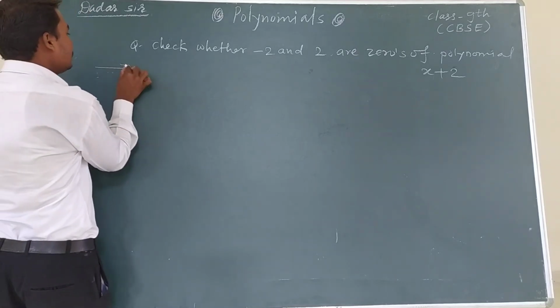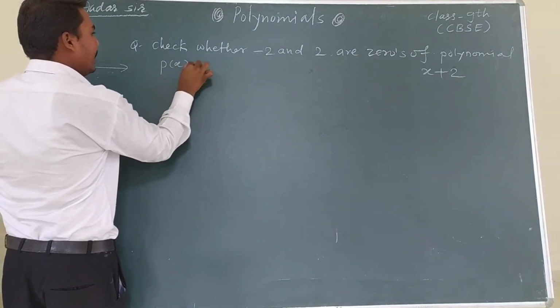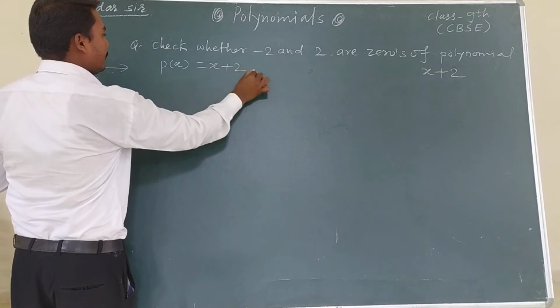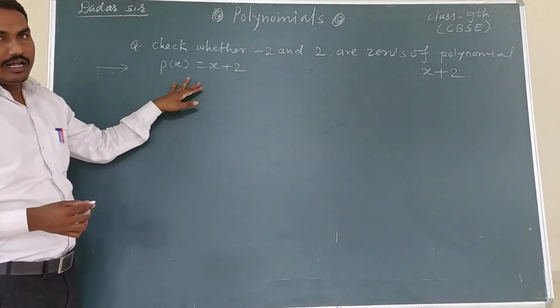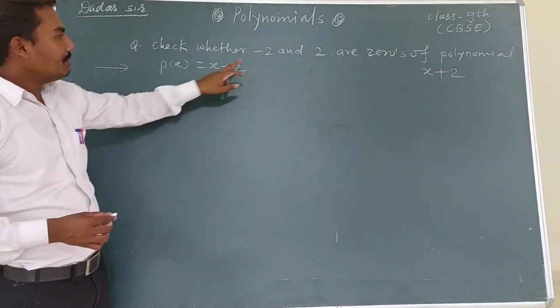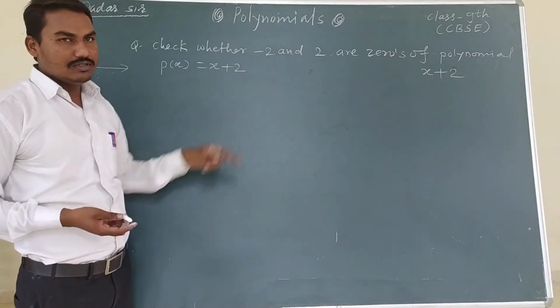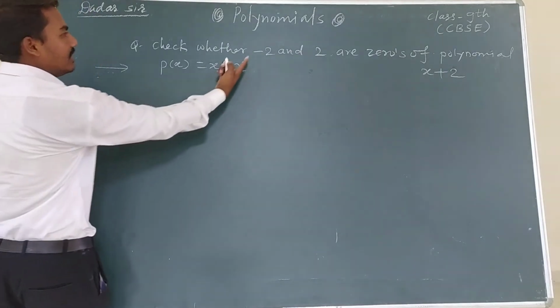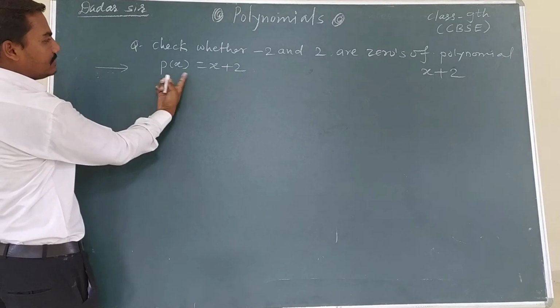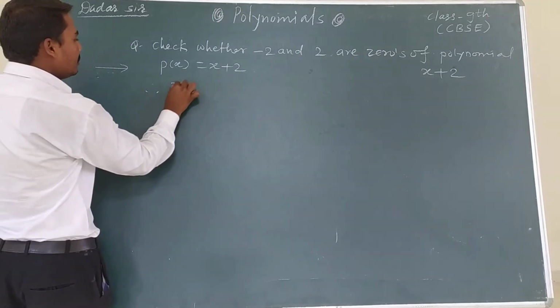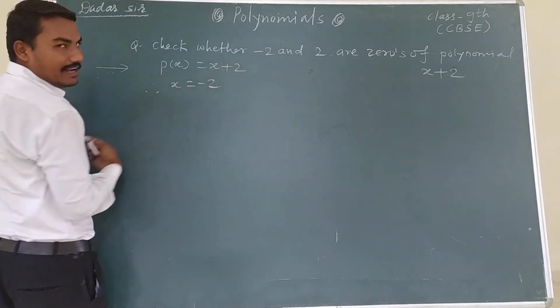Now they have given us the polynomial P of x is equal to x plus 2. This is our polynomial and we have to check whether minus 2 and plus 2 are zeros. First we check whether minus 2 is a zero of this polynomial or not. We put x equal to minus 2.